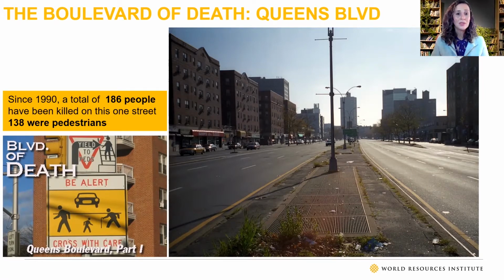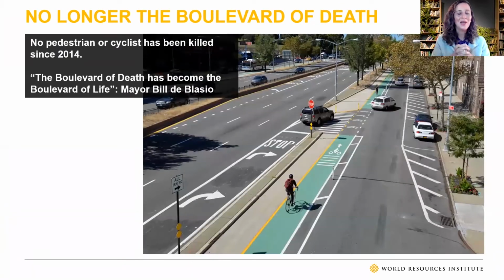In the 2000s, they decided to change the street. They did it incrementally. This is how it looks today. The lanes are narrower. You have space for pedestrians. They have less vehicle lanes. And so it is more an urban road than a highway road.